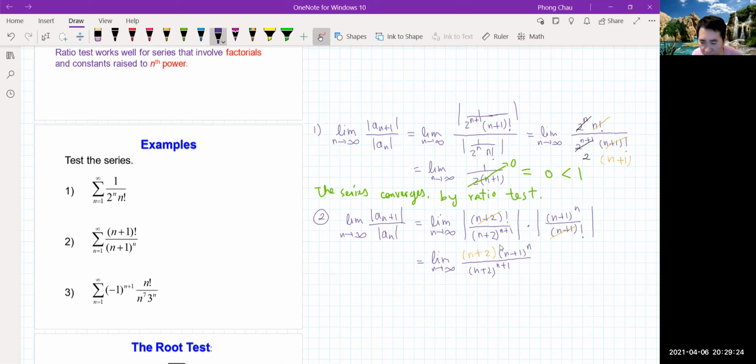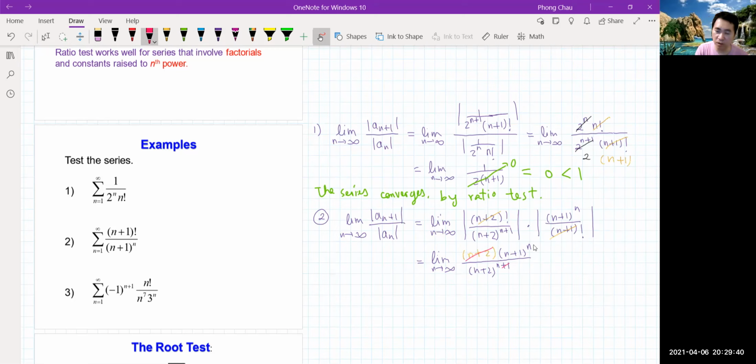Actually, I could simplify first. It's n plus 2 and n plus 2. I could simplify a bit more, right? So that one cancels with one of those. So it's just (n+2)^n.